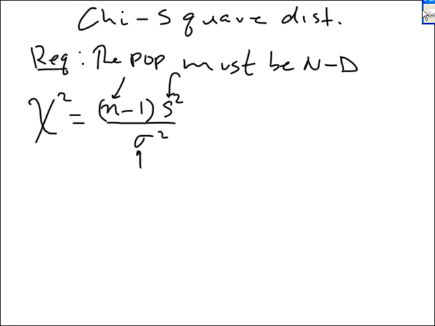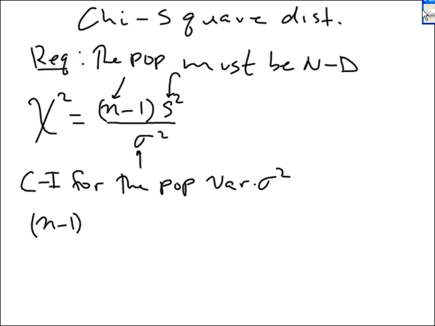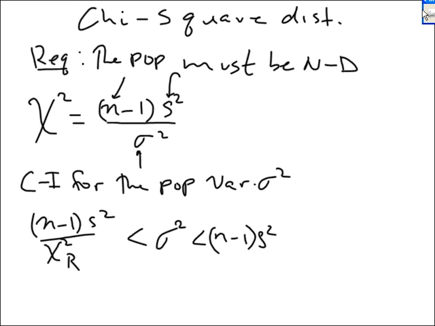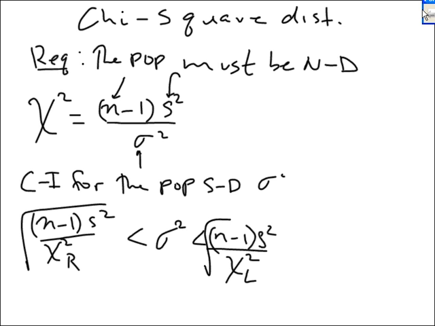It turns out that the confidence interval for the population variance, sigma squared, is n minus 1 times s squared over chi squared sub r, we'll talk about that, is less than sigma squared, which is less than n minus 1 times s squared over chi squared L. And if you just want the confidence interval for the population standard deviation sigma, well, you just take the square roots of all three sides.